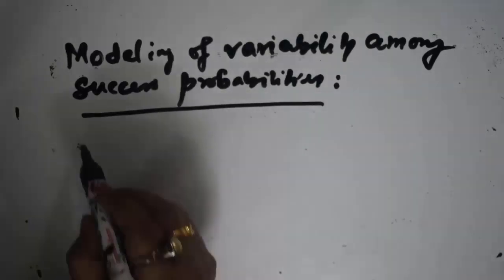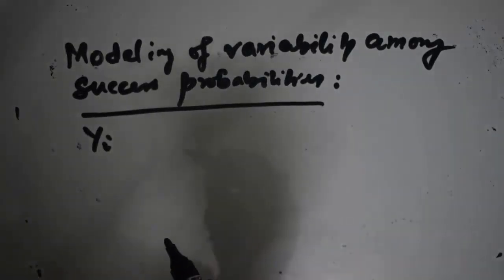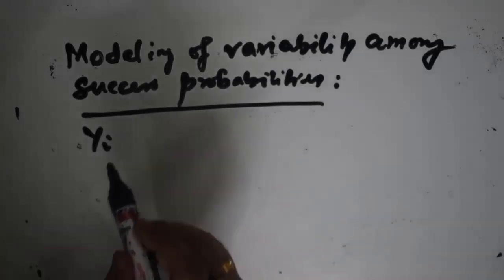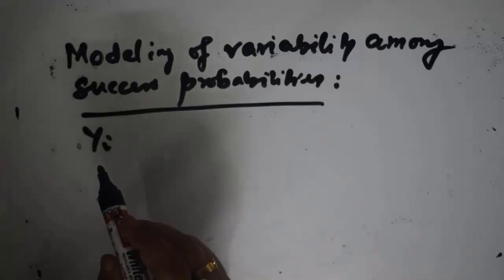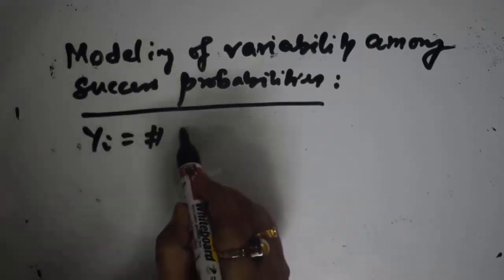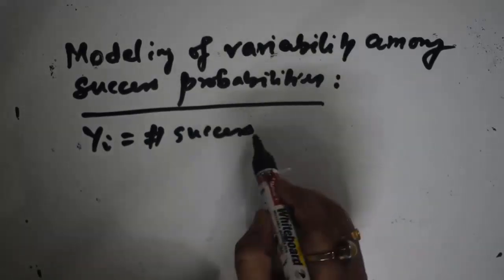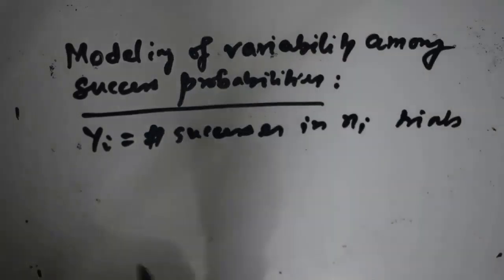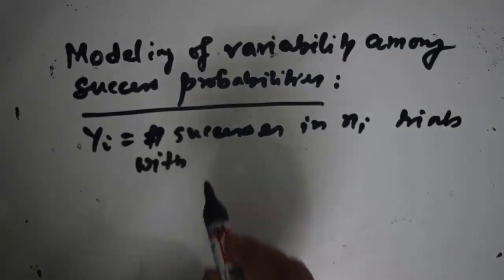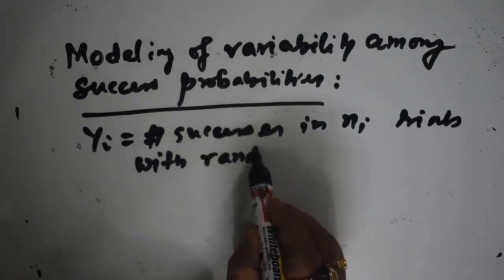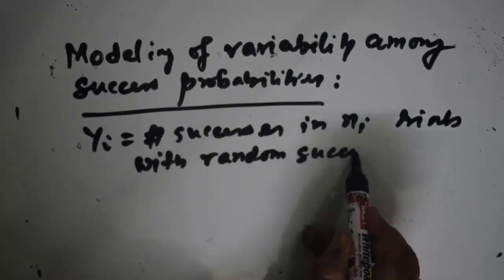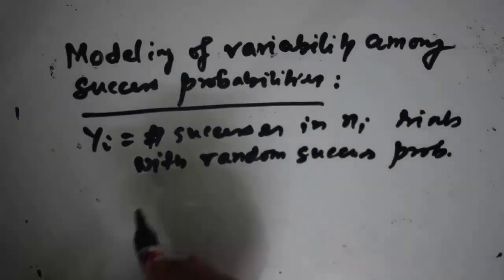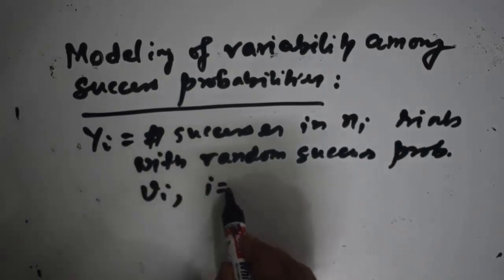Our yi is the number of successes in any trials with random success probability vi.